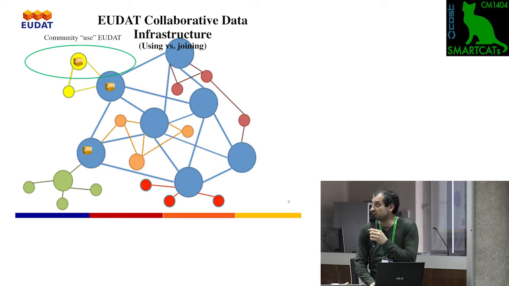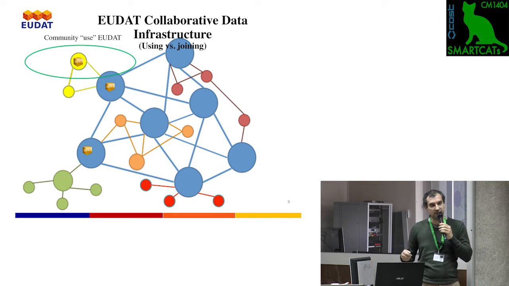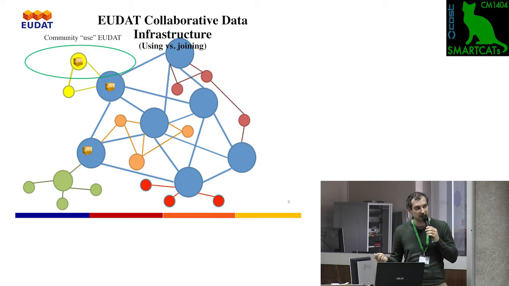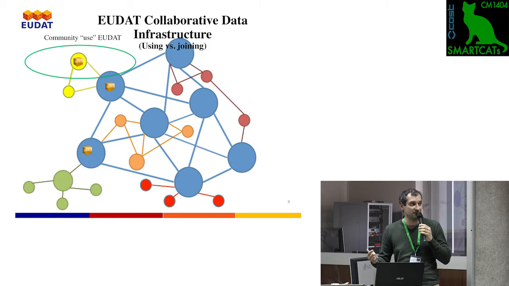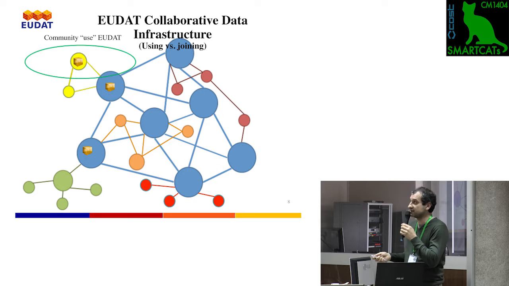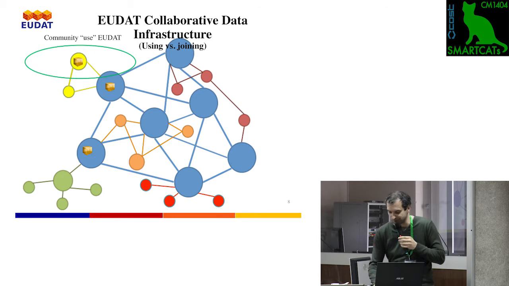Starting from this overview, the user can see EUDAT in 2 different main ways. The first is to use EUDAT as a collaborative data infrastructure from an external point of view, and so just use it as an ingestion infrastructure.